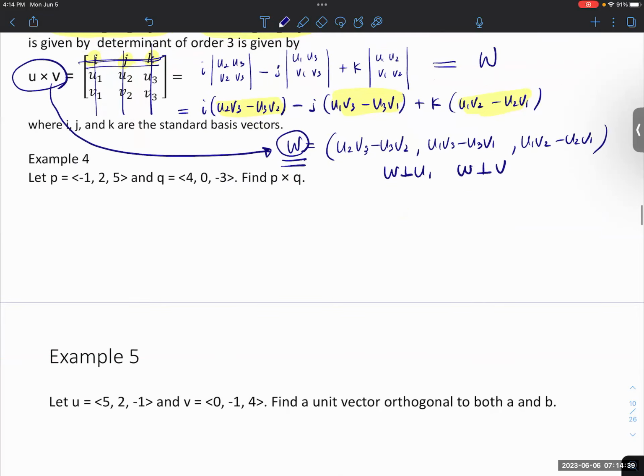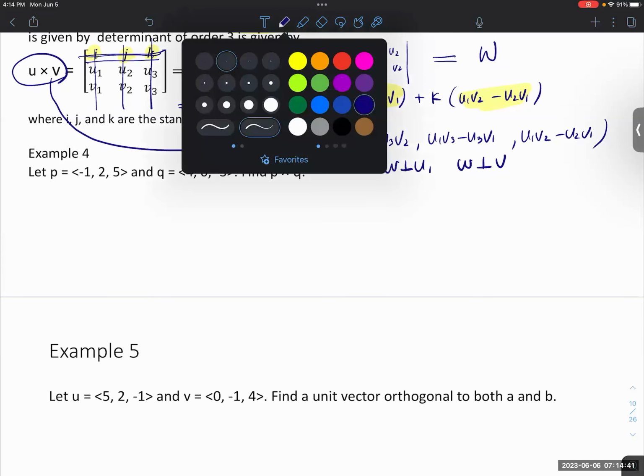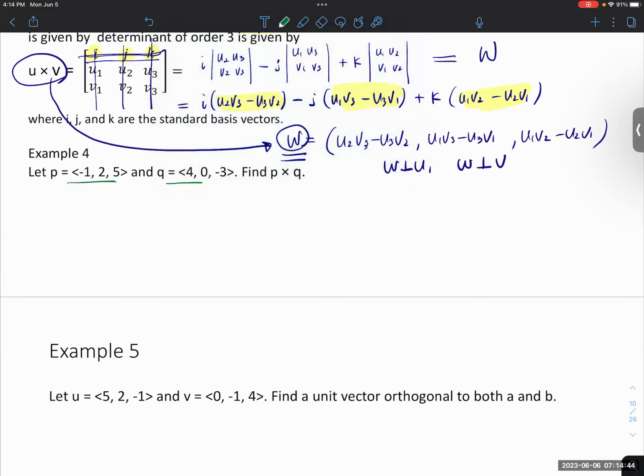So let's really do the problem. In this problem, find out the PQ. This is a cross product, so W will be P times Q. I'm looking for the third vector that is perpendicular to P and perpendicular to Q. Therefore, we have I, J, K, -1, 2, 5, 4, 0, -3.